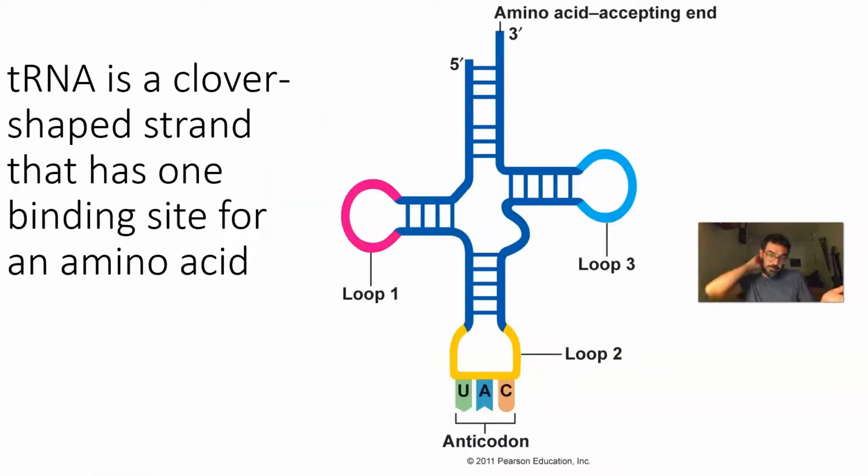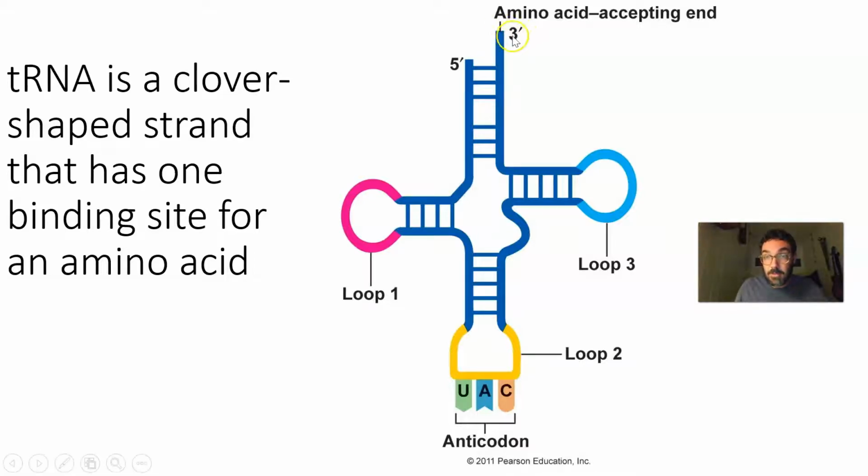So first, before we go farther with the processes of translation, let's look at the structure of a typical tRNA molecule. You will need to know or recognize this structure. So I recommend that you just make a very quick sketch of this in your notes. It's RNA, just like any other RNA molecule.